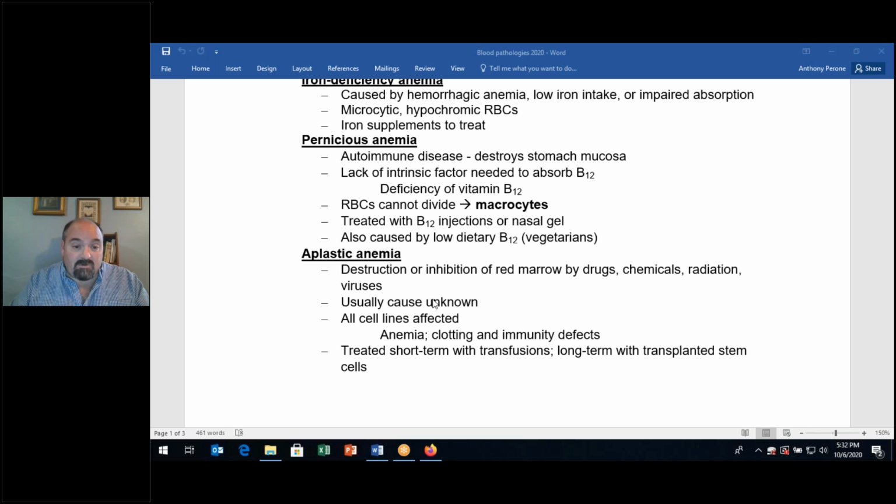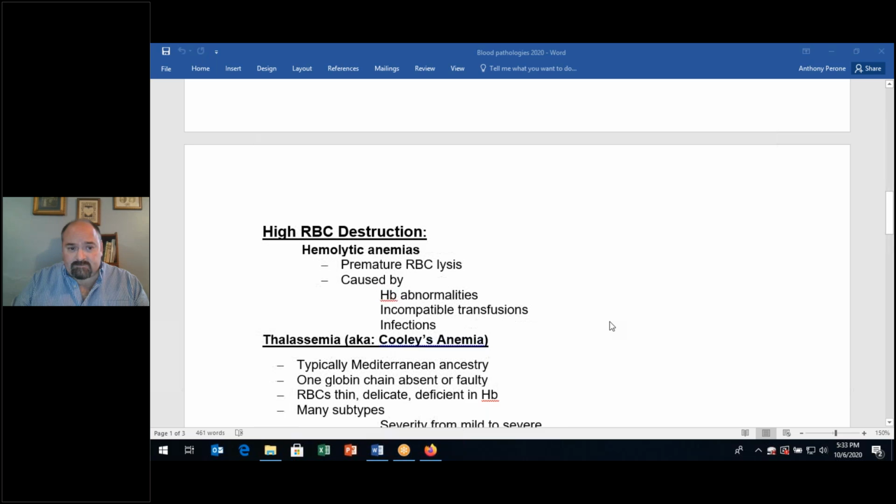It affects all the cell lines, so not just the red blood cells, but all the different formed elements, right? Production, okay? Also, transfusions and stem cell transplantation can occur in order to help with aplastic anemia.